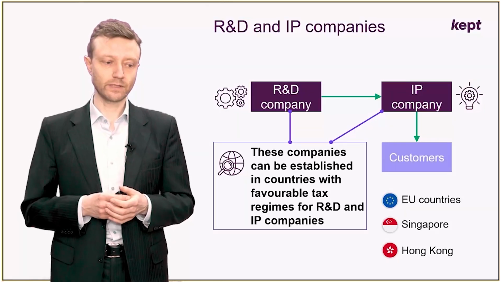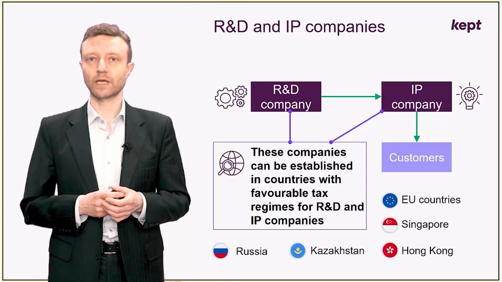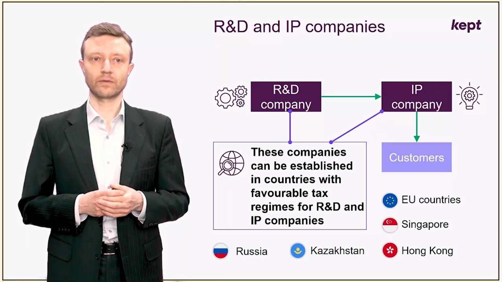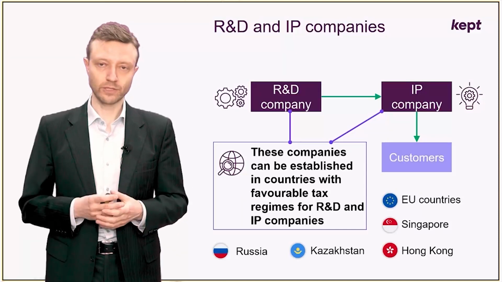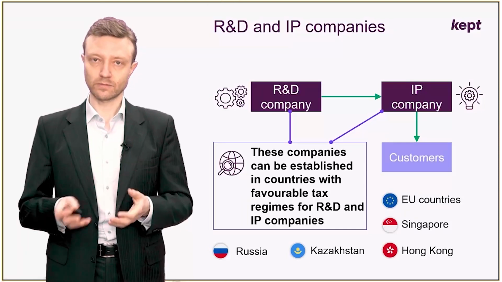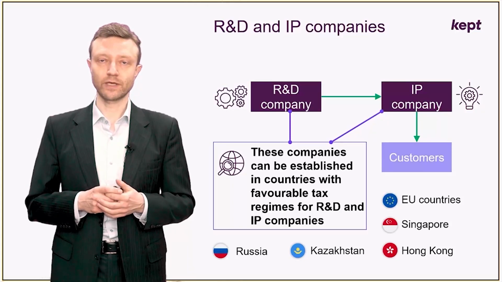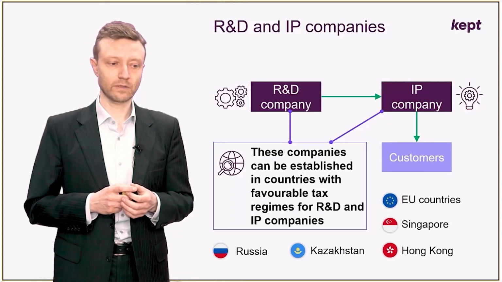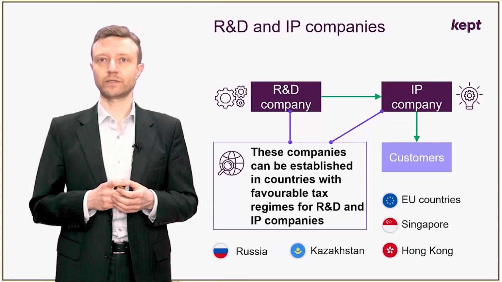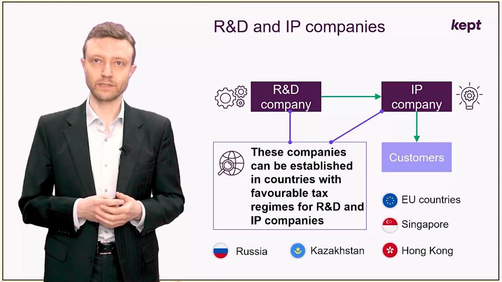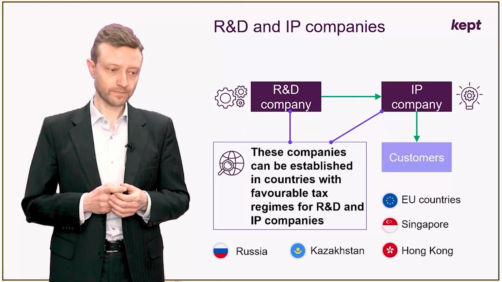Again, examples include Singapore, Hong Kong, and even in countries such as Russia and Kazakhstan, there are special regimes or special locations where it is possible to establish a company and to enjoy even corporate income tax rate exemption specifically for IT development activities.